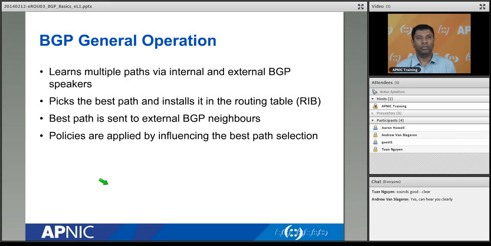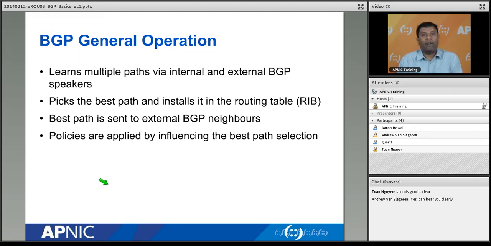That BGP peer can be an internal BGP peer or an external BGP peer. How do you distinguish between internal and external BGP peers? If the peering AS number is the same AS number as your router is using, that's what we call an internal BGP peer. On the other side, if the peering AS number is different from what you are using, we call it an external BGP peer.